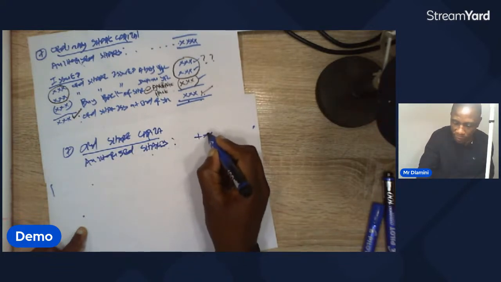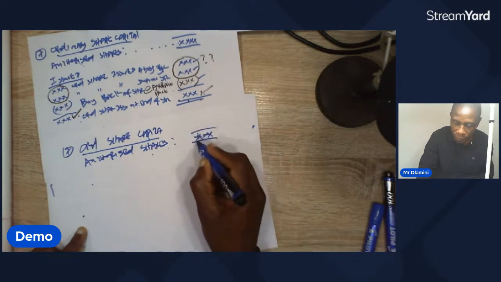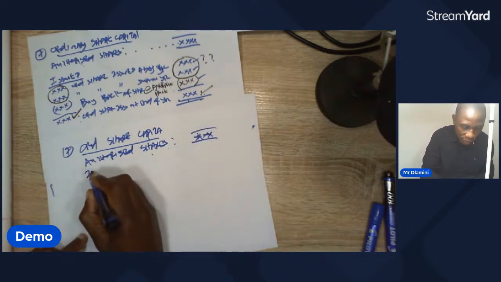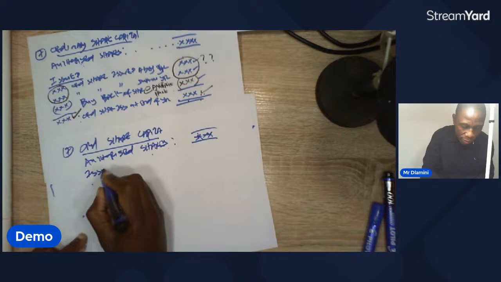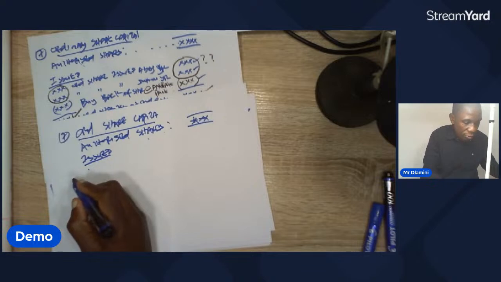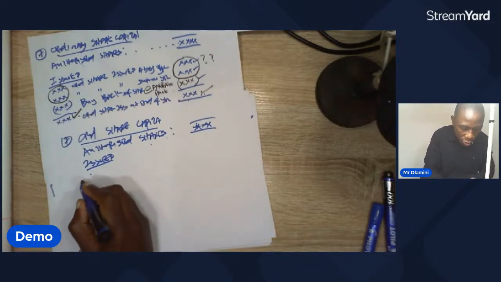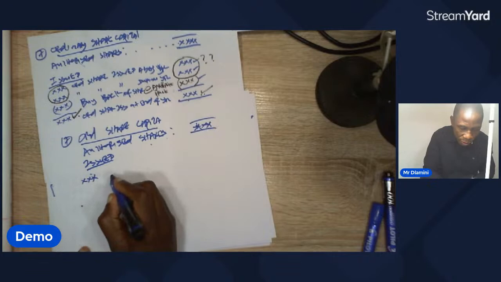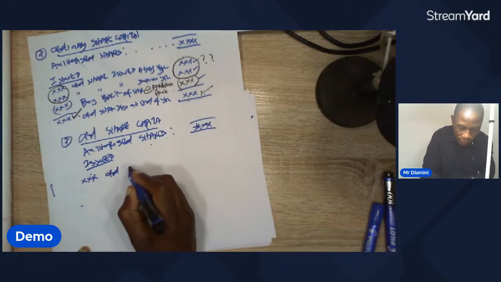So we're having the figure there, right? So we have the issued, right? So sometimes what they normally do, they will give you like this, grade 12. Information. We have the number of shares issued at the beginning.